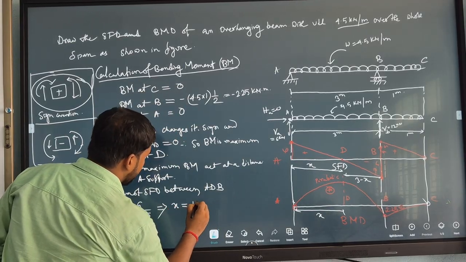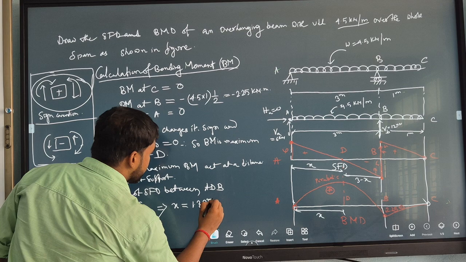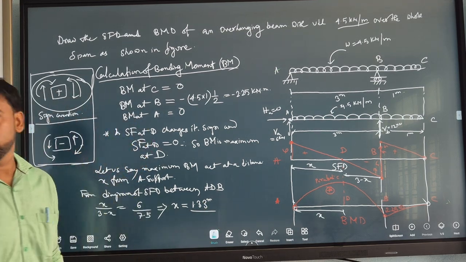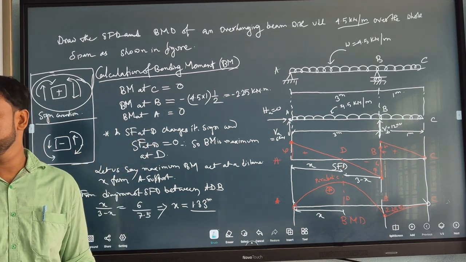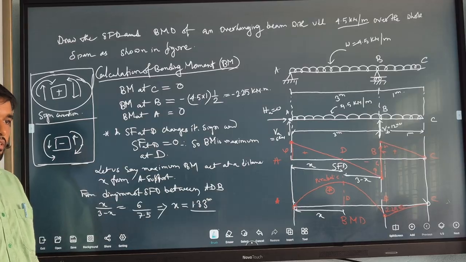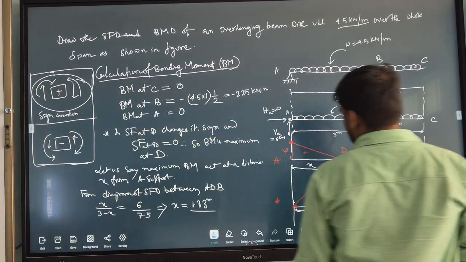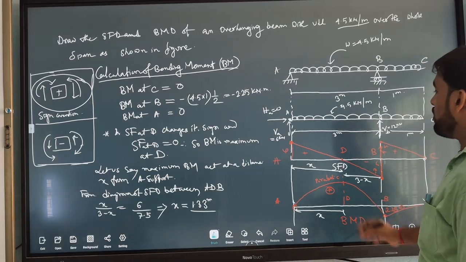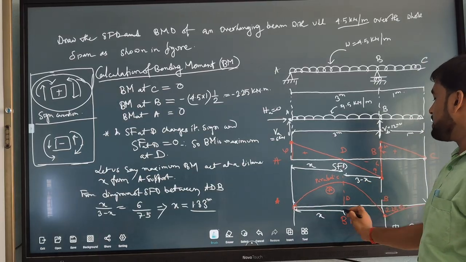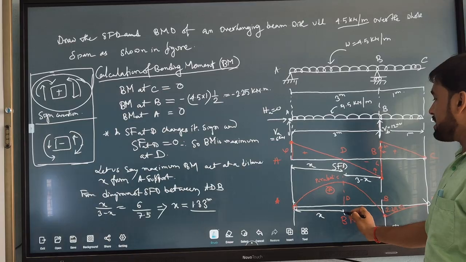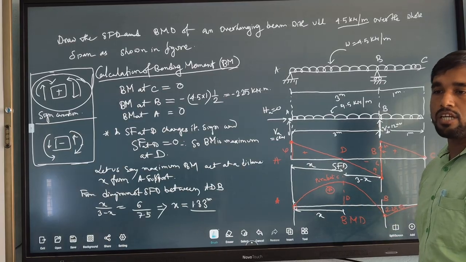So that's 1.33 meter. You can check. That means maximum bending moment is at a distance 1.33 meter from A support.